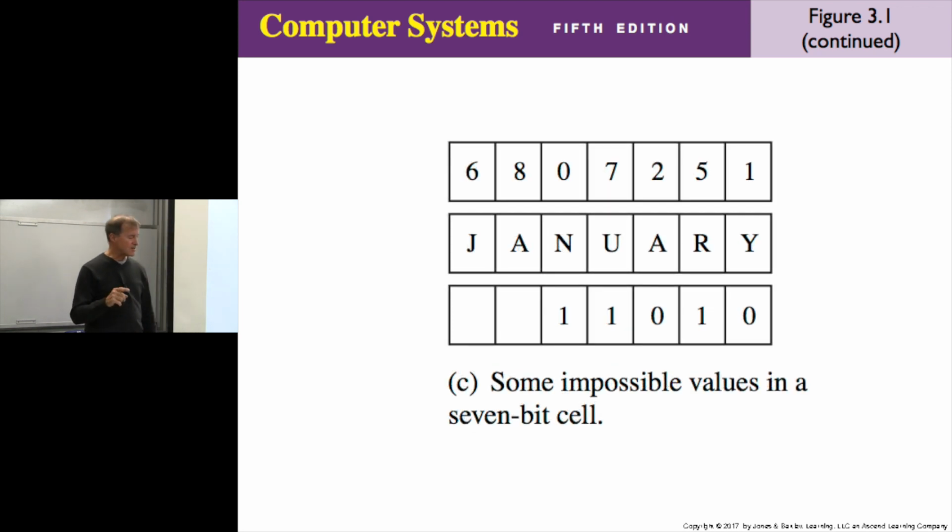Here are some impossible values. The first one is decimal digits. You can't store a 6. You can't store the letter J in one bit. And in the last one, you can't store nothing. It has to be something. In other words, it's impossible for a bit to have a third value that is empty.